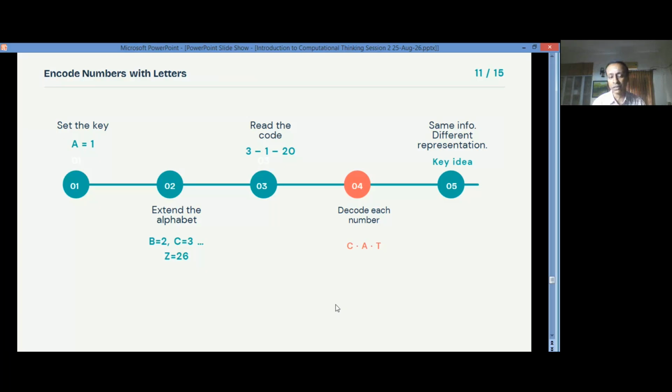It can work both ways. So the simple concept here is, assuming you start with 1, assign the number 1 to A, and 2 to B, and 3 to C, and goes on till 26 for Z.